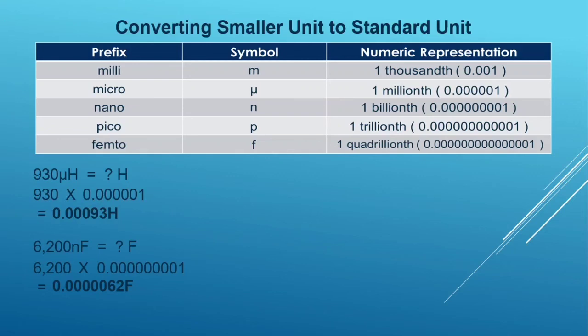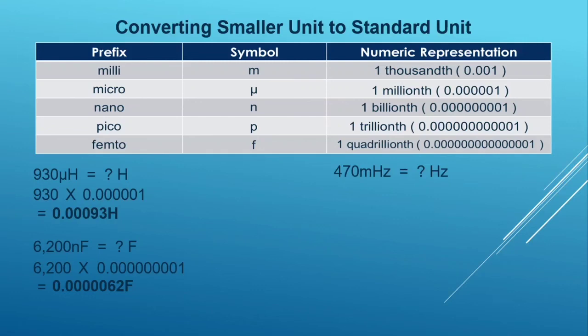So 6,200 nanofarads is equal to 0.0000062 farad.